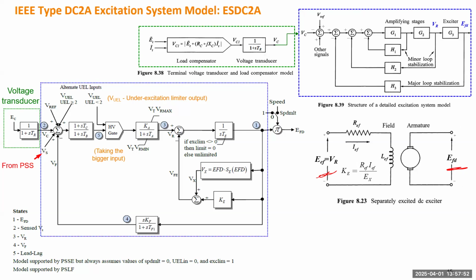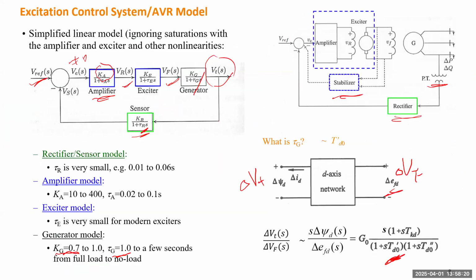And here it also tells you what this KE is for this case. The KE is the gain for the exciter, right? There's also a tau E, which is the time constant of the exciter. We mentioned that one is very small.